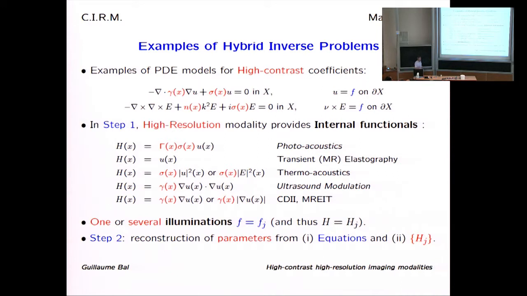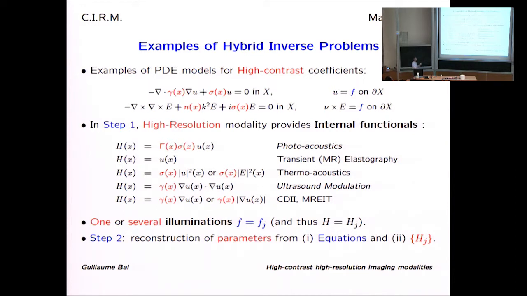But several of them are actually relatively useful. Some of them are potentially useful, but the signals are so weak that we can't really use them in practice. Ultrasound modulation, unfortunately, is one of them. But okay, let's assume that we can solve that high resolution problem, and that we have extracted new internal functionals from that first step.